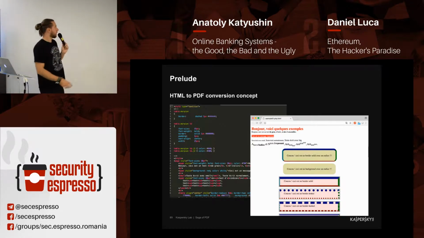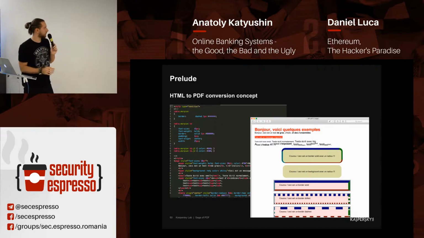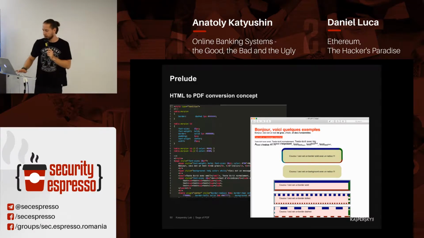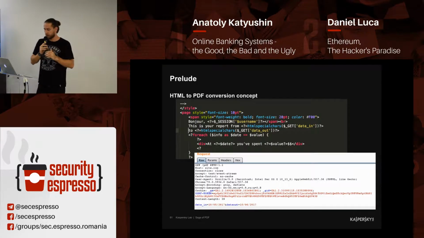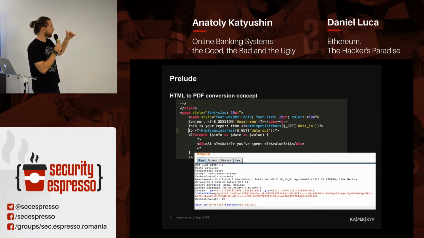For example, there is normal HTML, and this is how it is represented in the browser. The same thing should be visible in the PDF file. And a wise developer will just make a special template on the server. He will just make some injection points.